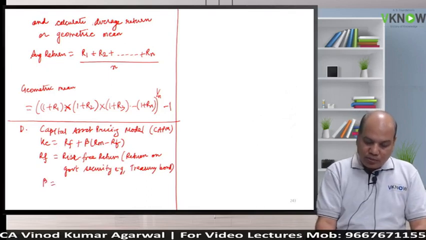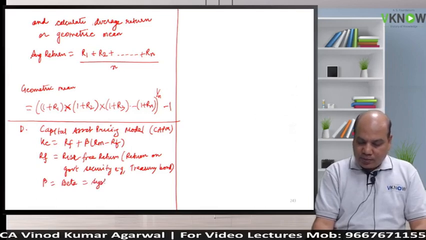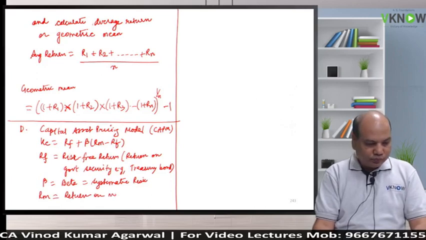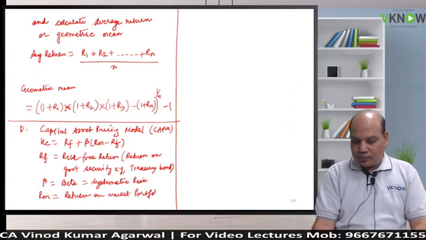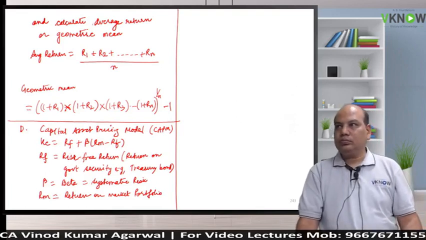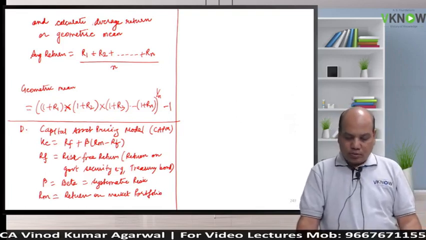B is beta. Beta is equal to systematic risk, and RM is equal to return on market portfolio.